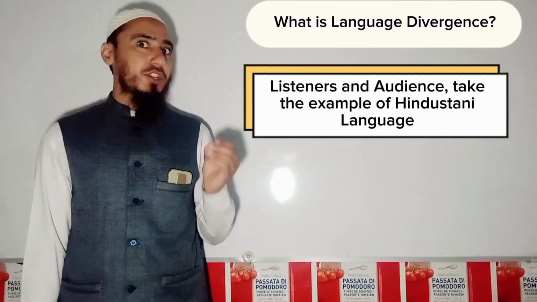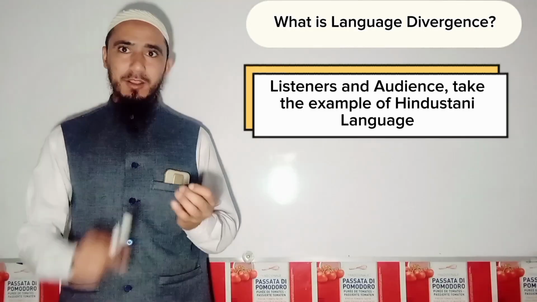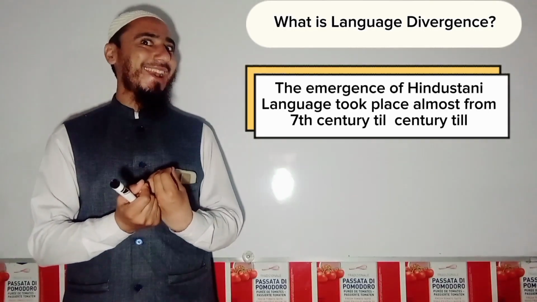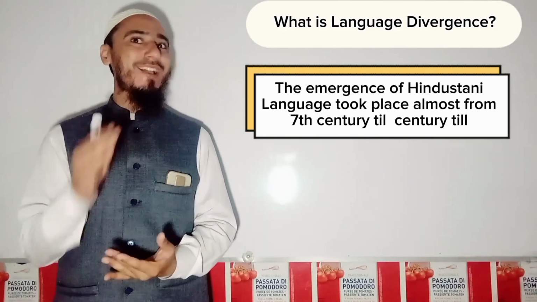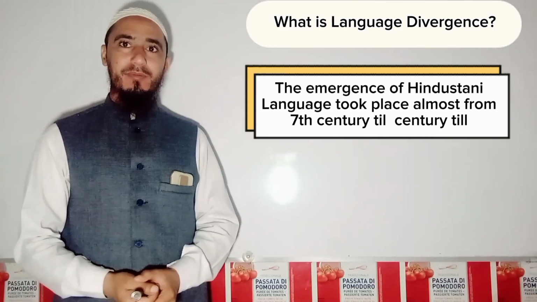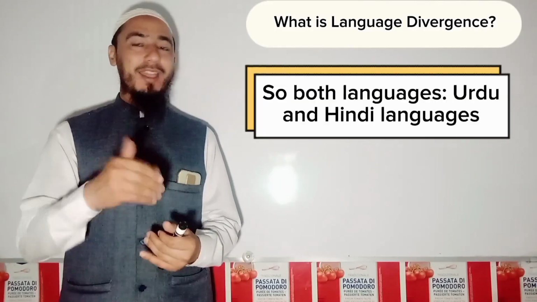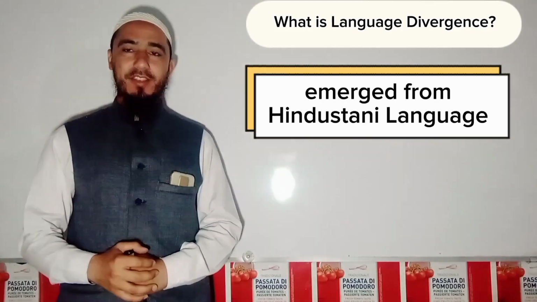Listeners and audience, take the example of the Hindustani language. The emergence of Hindustani took place almost from the 7th century till the 13th century. Both Urdu and Hindi languages emerged from the Hindustani language.